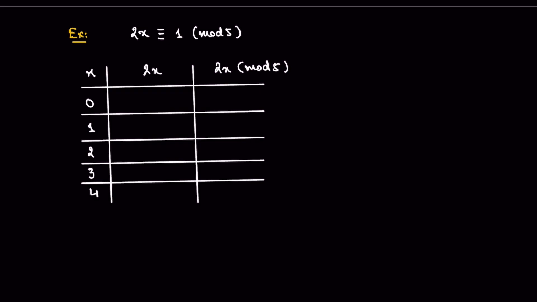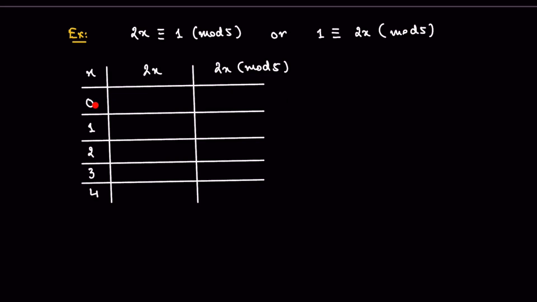Why is that the case? Because by the definition of congruence, I'm looking for the value of x such that 1 is congruent to 2x mod 5. And we see whether, when you compute 2x mod 5, a 1 appears in this column. If there is a 1, then you have the value of x that solves the congruence.